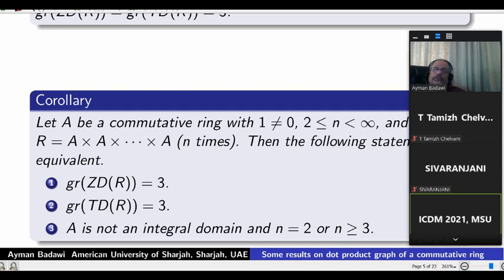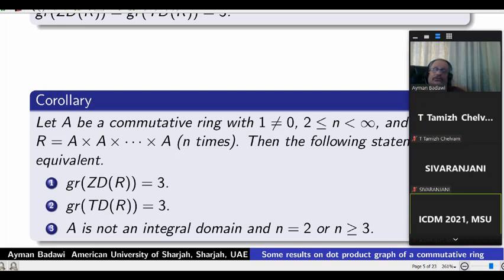If you tell me the girth of the zero divisor graph is 3, it's the same as if you tell me the girth of the total dot product is 3. This is the same as: A is not an integral domain, and n has to be 2 or n bigger or equal to 3.